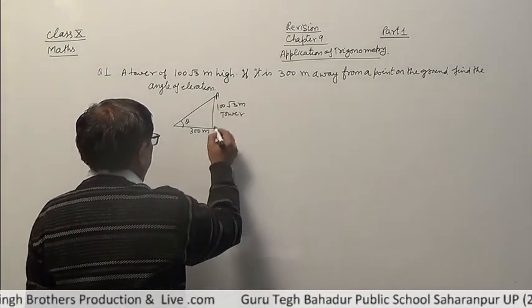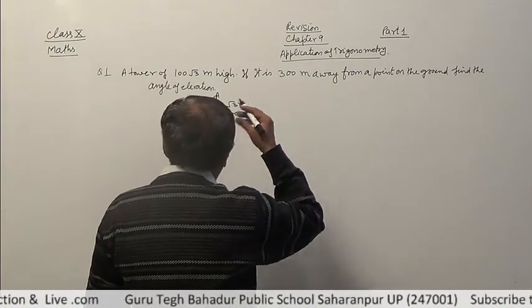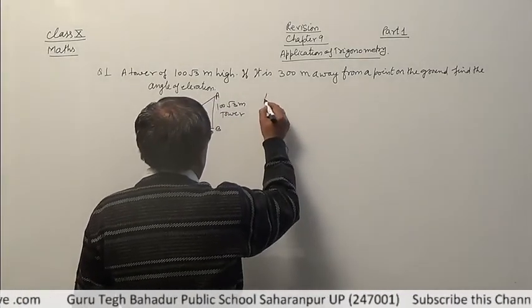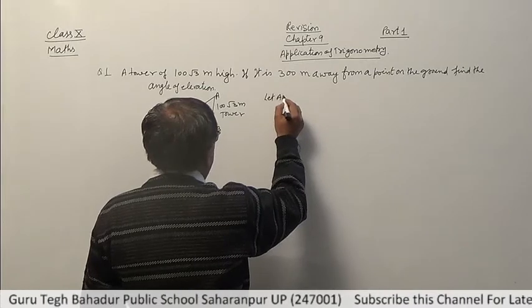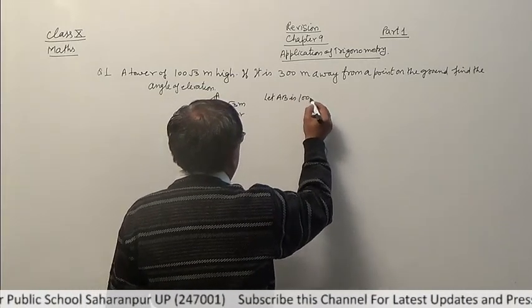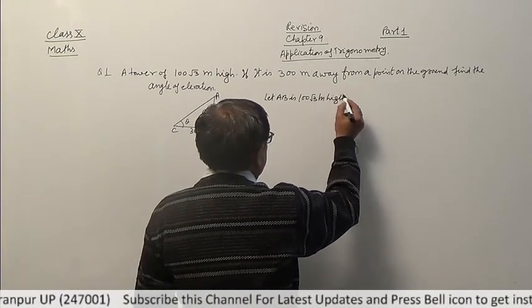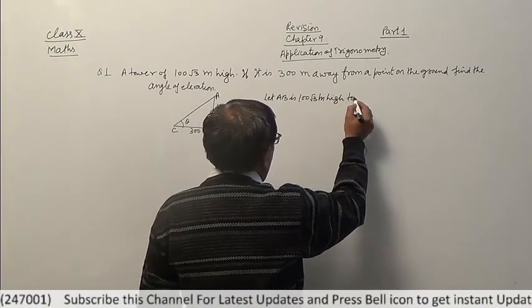This is AB. Let AB is a 100√3 meter high tower.